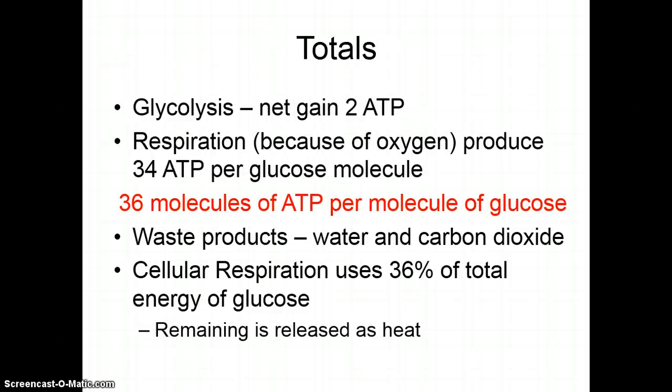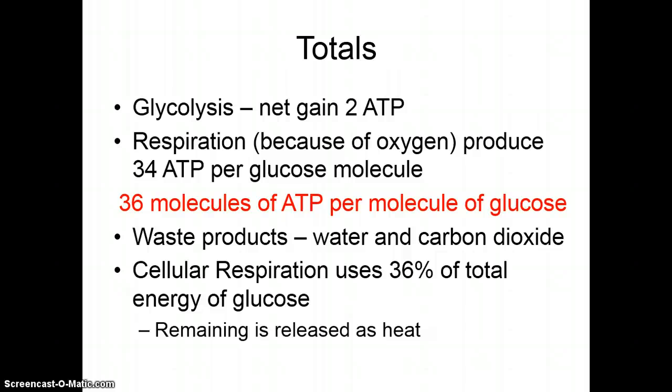So glycolysis will generate a net gain of 2 ATP, while respiration will produce 34 ATP per glucose molecule. So for a grand total of 36 molecules of ATP produced for every molecule of glucose. Water and carbon dioxide are your waste products.